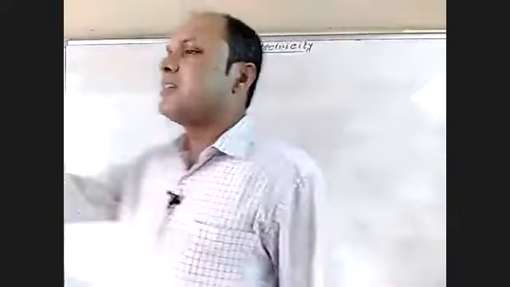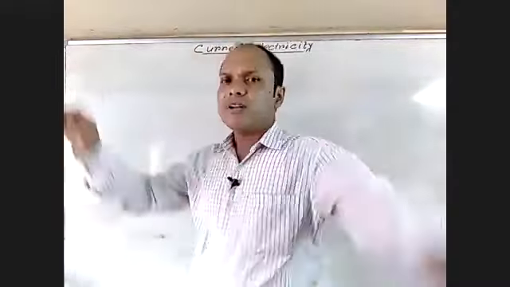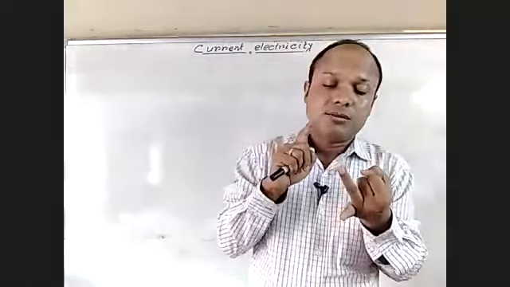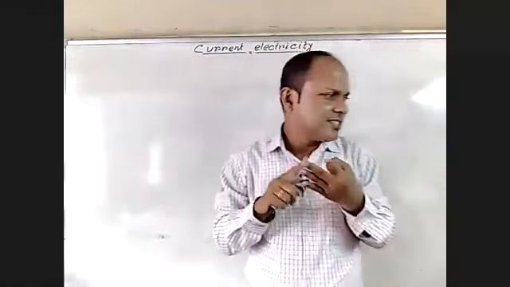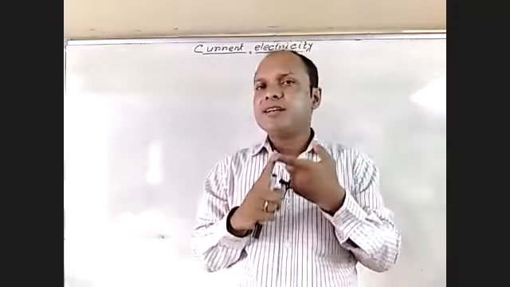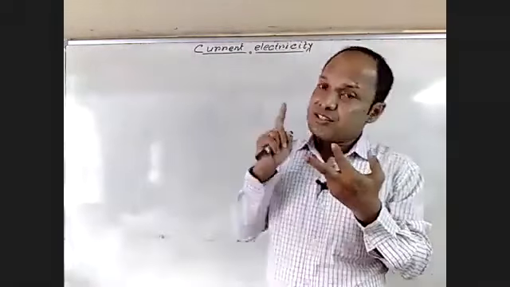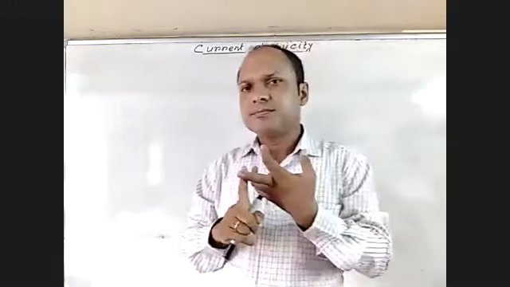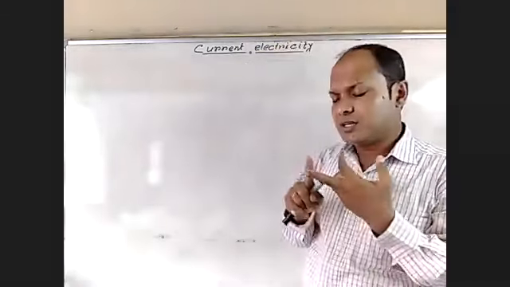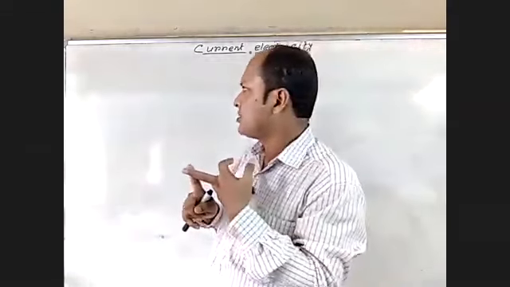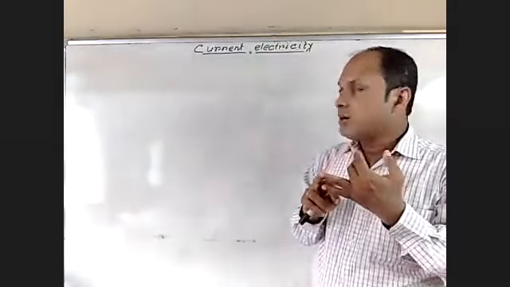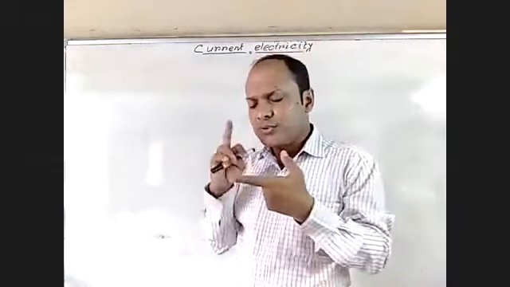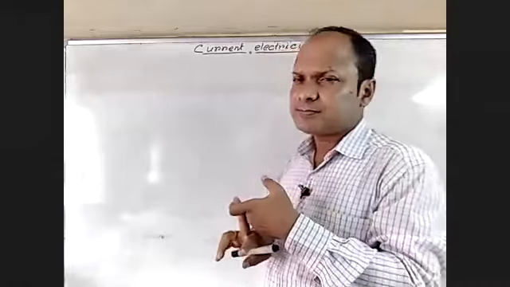So listen very sincerely. Till now, what have we done? We have done what is current electricity, what is Ohm's law, state Ohm's law, what is resistance, on which factors resistance depends, what is resistivity, and then what is drift velocity, what is current density, and what is the unit and dimension of current density.